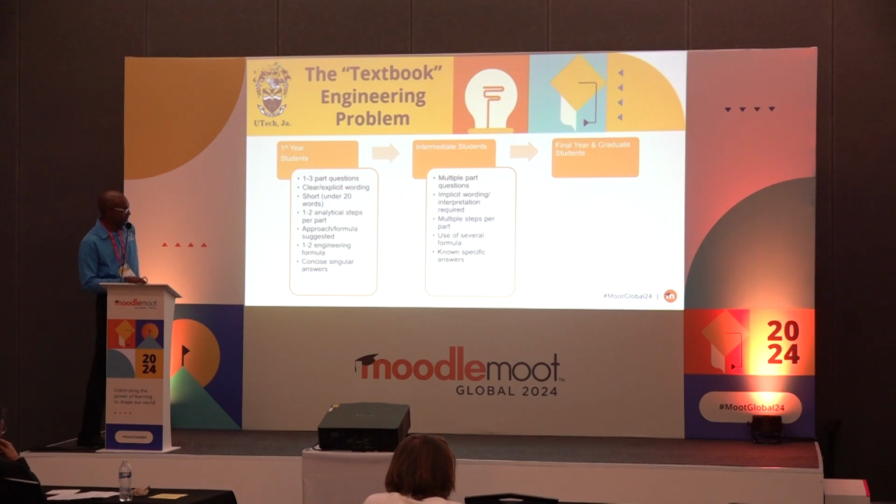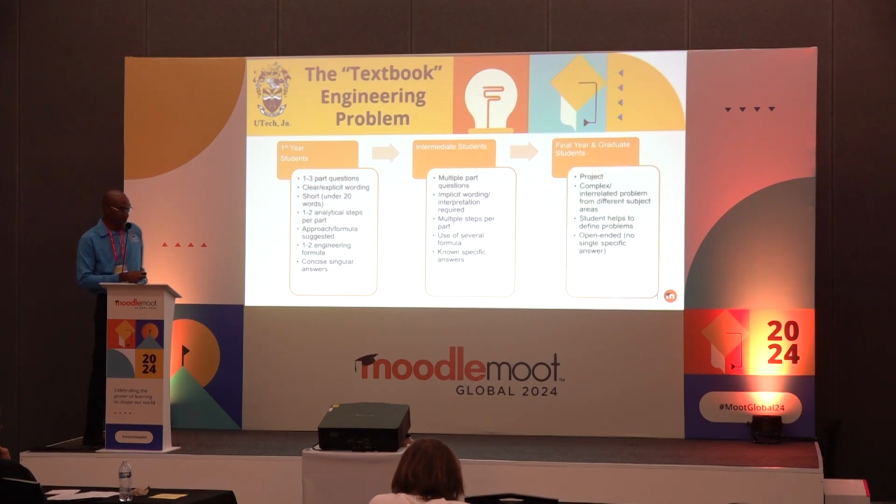But as they mature through their years, you start giving longer questions which have multiple parts, and each part has its own value or weight in the question. It may involve several formulas or several approaches, and you may not hint at the formula or the approach anymore, but you still may have specific answers for each question.